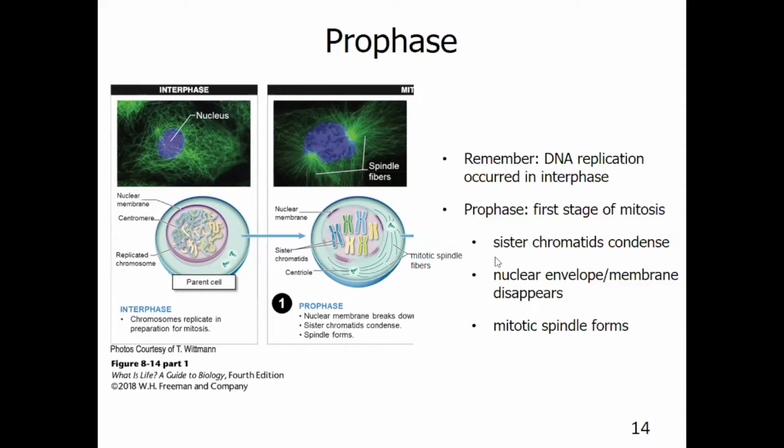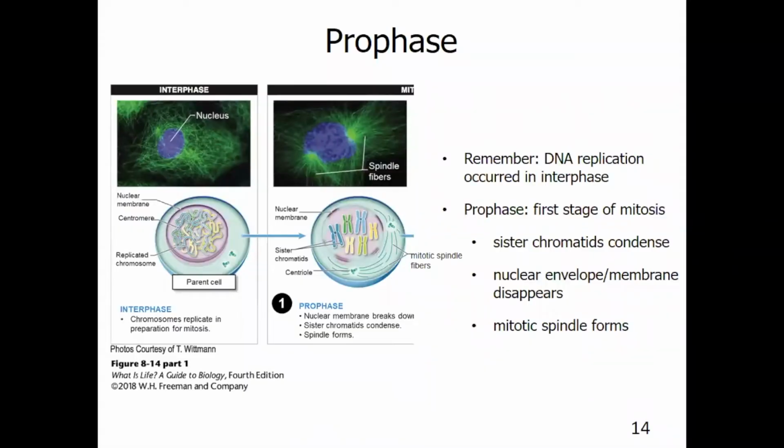The second thing that happens in prophase is that the nuclear envelope, or the nuclear membrane, actually disappears. You can see this more easily in the drawing. Here is the nuclear membrane, and you can see it's starting to fade away.